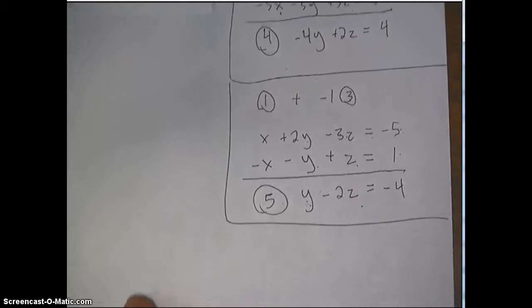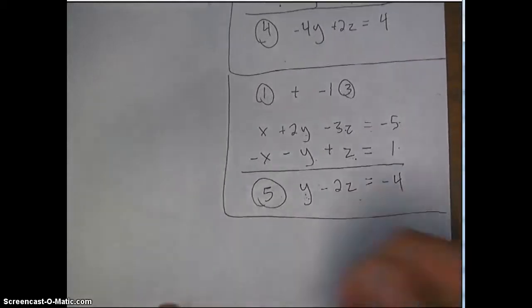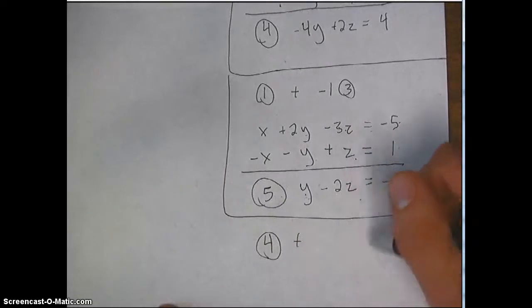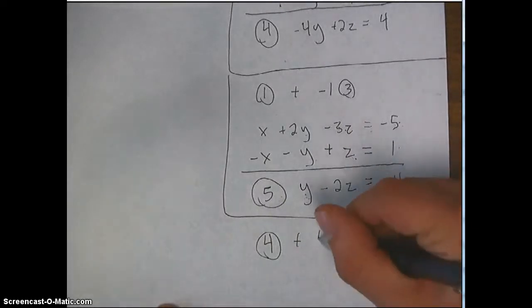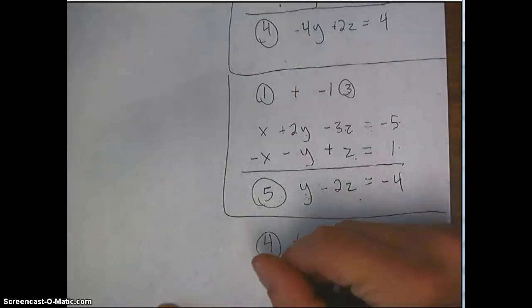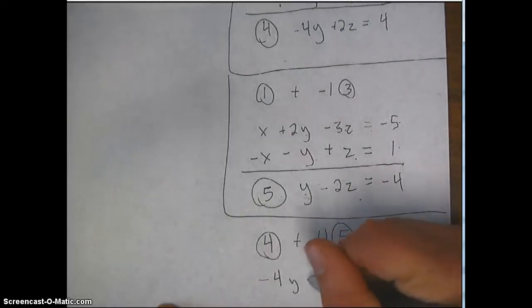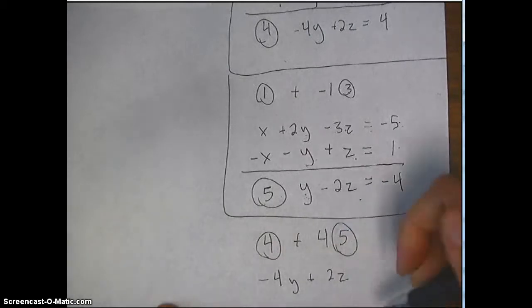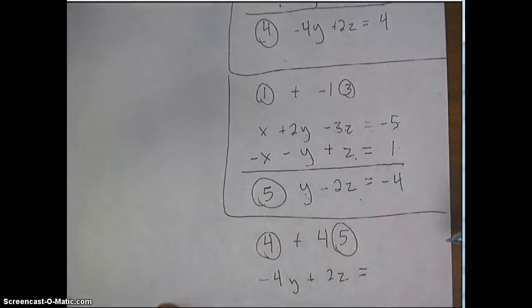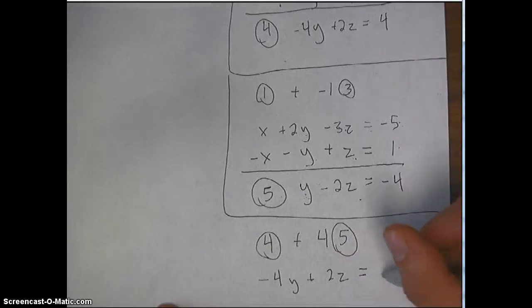So I'm going to take equation 4 and add 4 times equation 5. Just copy down equation 4: negative 4y plus 2z equals 4.